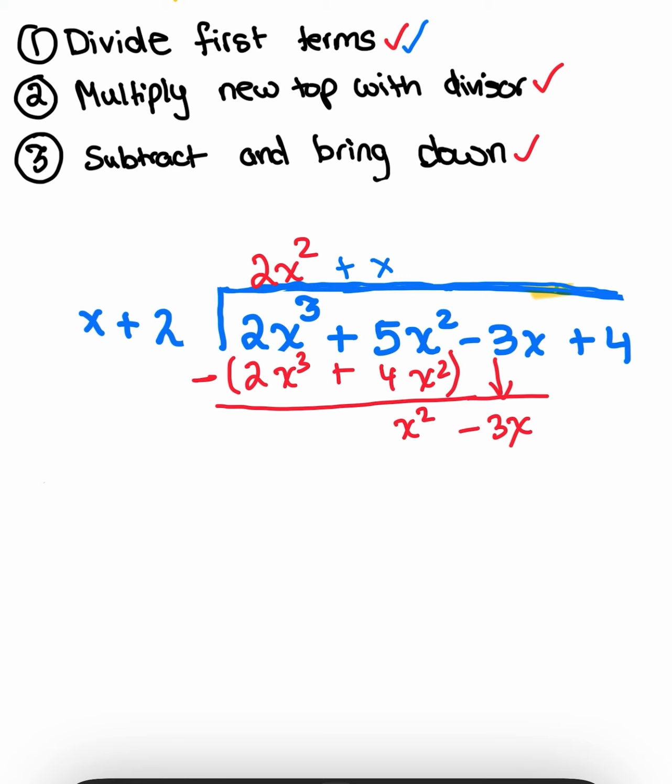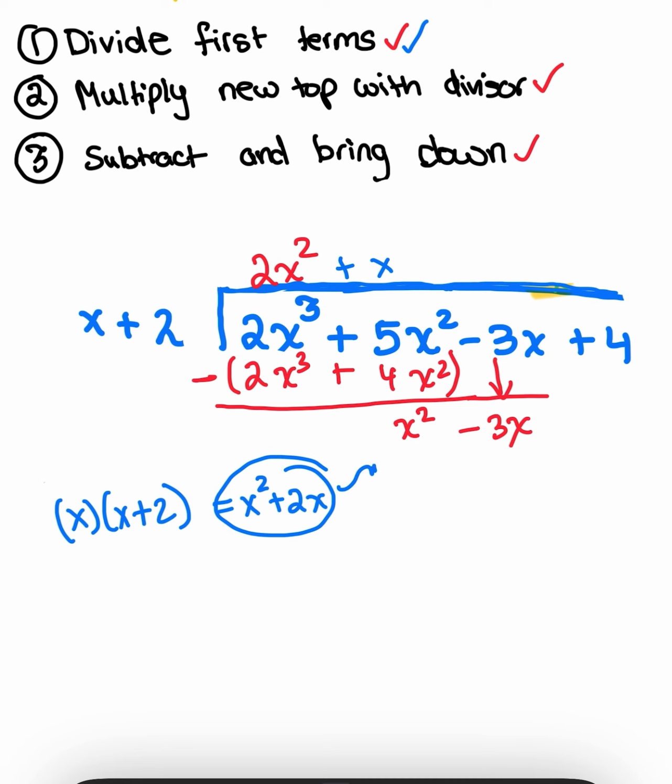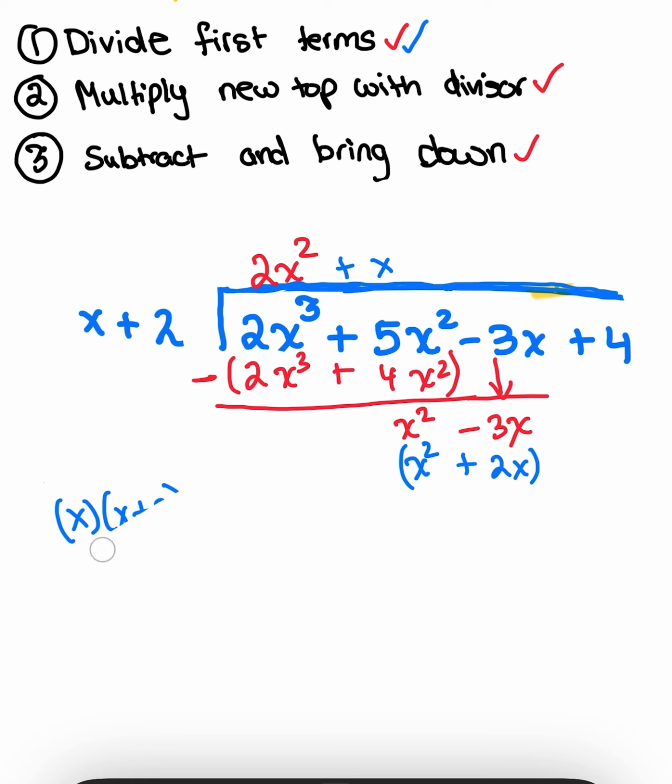Okay, so that completes step 1. Step 2 is multiplying the new top with the divisor. So x is my new top. I multiply it with the entire divisor. And that gives me x squared plus 2x. I put this over here, put brackets around it, and in front of it, remember I want to put my minus sign.